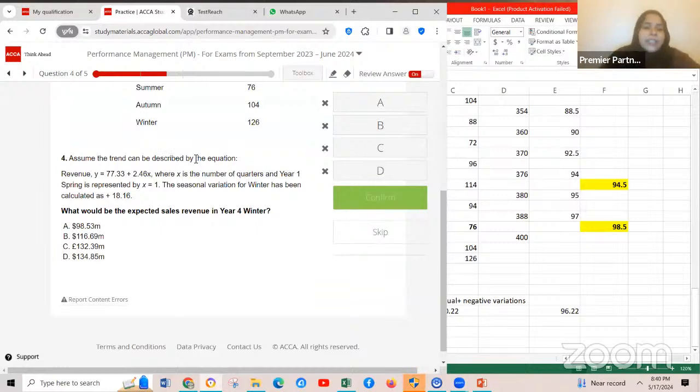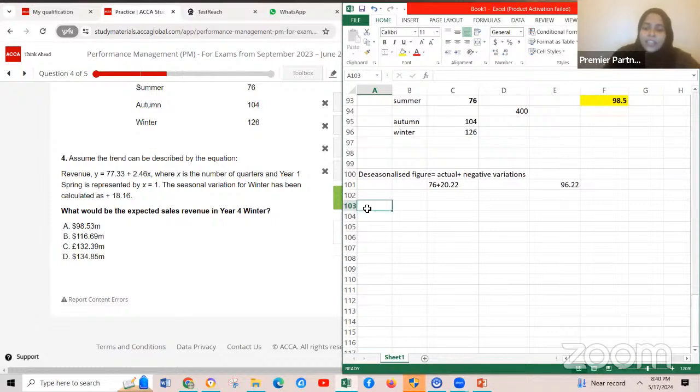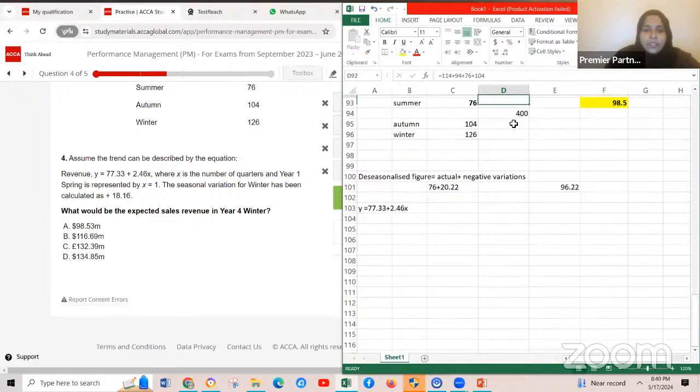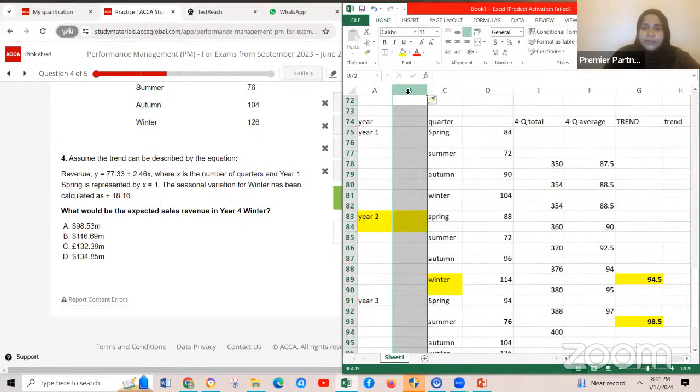Assume the trend can be described by the equation. Now they have given you a trend equation as y equals 77.33 plus 2.46x, where x is the number of the quarter. And year one spring is expressed as 1. Year one spring has a quarter number of 1.